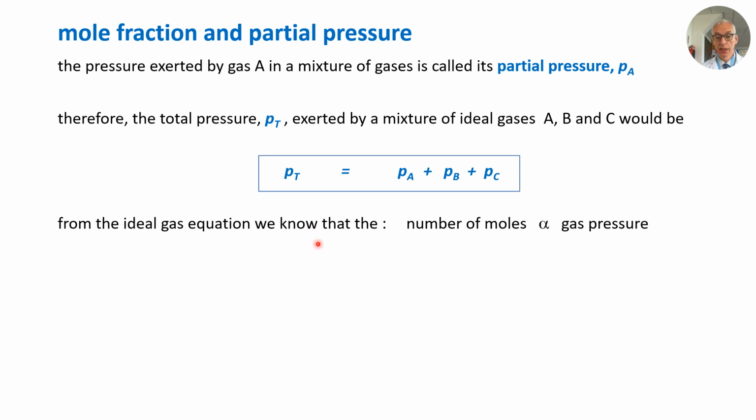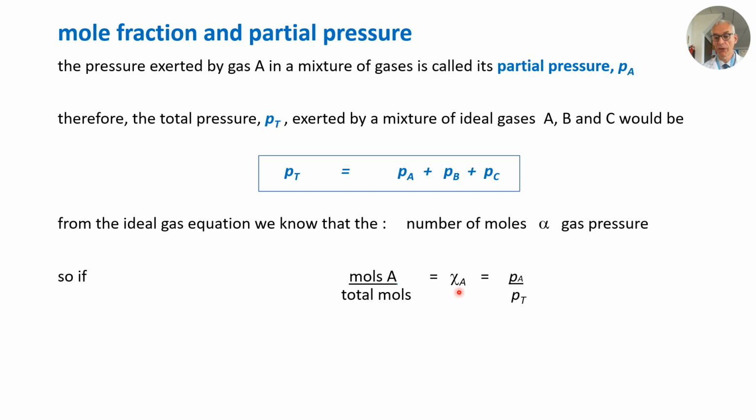We know from the ideal gas equation, PV equals nRT, that the number of moles of a gas is proportional to the pressure exerted by the gas. So if we know the mole fraction, the moles of A as a fraction of the total moles, because the number of moles is proportional to the pressure exerted, we know that the partial pressure of A divided by the total pressure of the gas system will give you the same value.